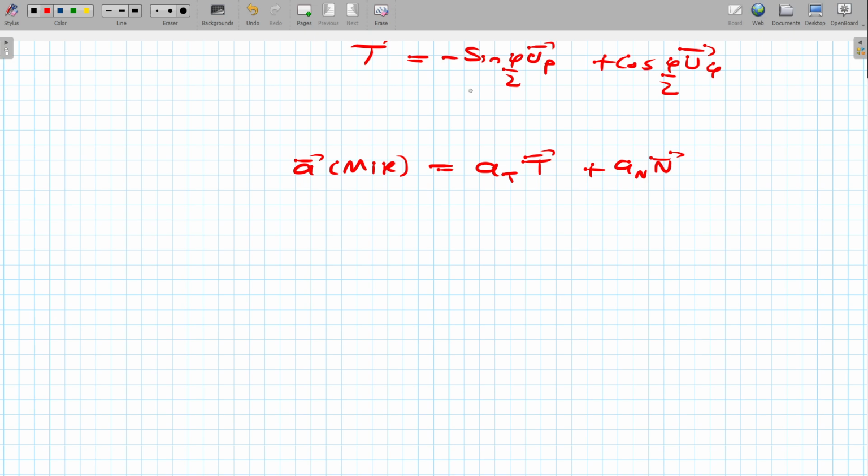Then let's also remember what the expression for AT is and what the expression for AN is.